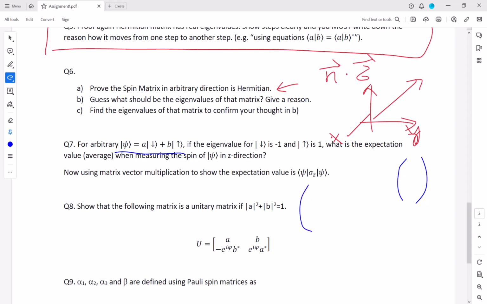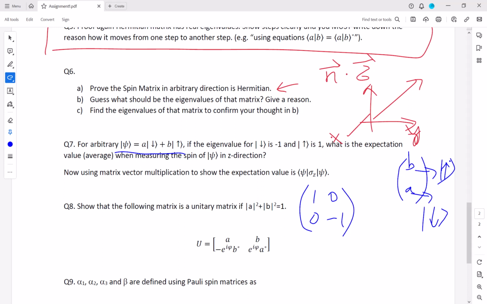If you put z in this form, then this one will correspond to down, and this will correspond to up. So how do you write it? This is B, this is A.